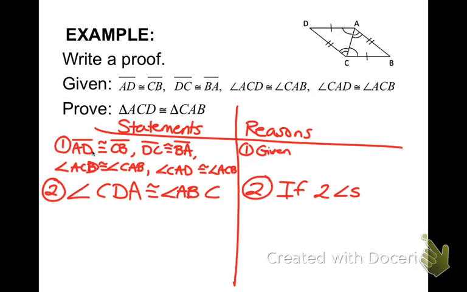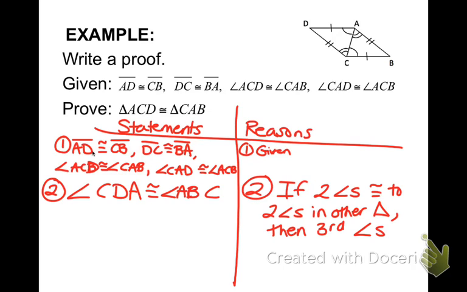So if 2 angles are congruent to 2 angles in the other triangle, I'm just paraphrasing here, then the third angles are congruent. That would work. It's pretty lazy. You're welcome to put that laziness in your blue sheet if you want to abbreviate and paraphrase the actual whole theorem itself.